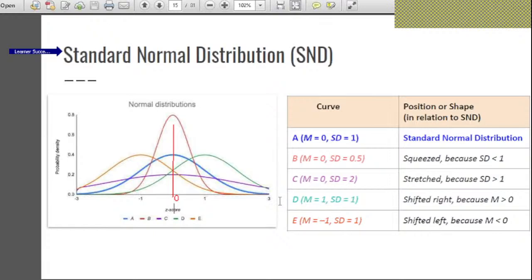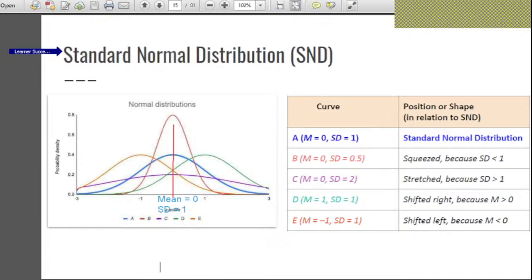Okay, so standard deviation equal to 1 and mean equal to 0. These are the properties of the standard normal distribution, that it will have mean equal to 0 and standard deviation equal to 1.